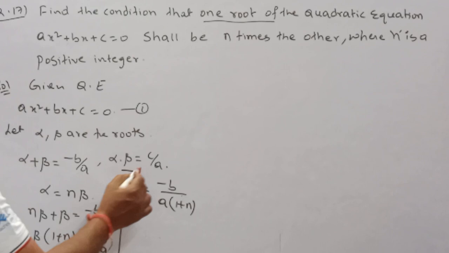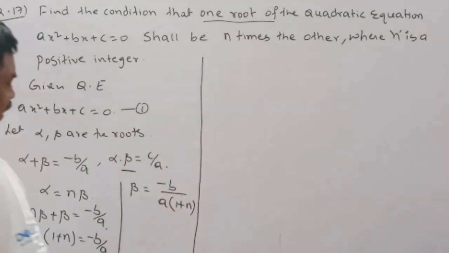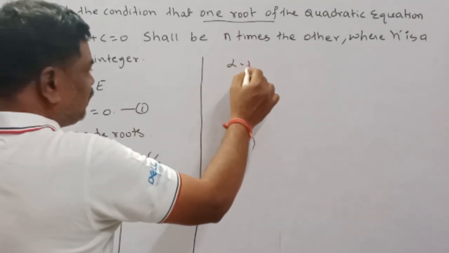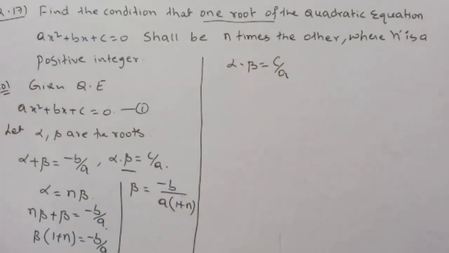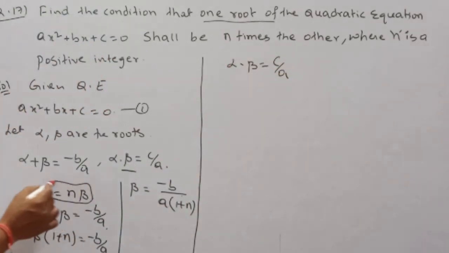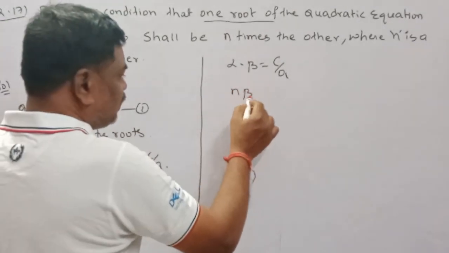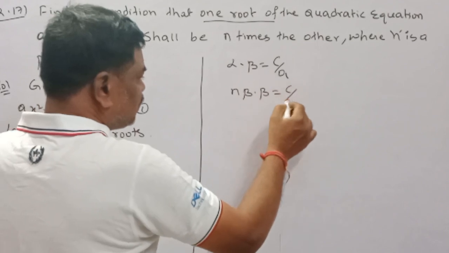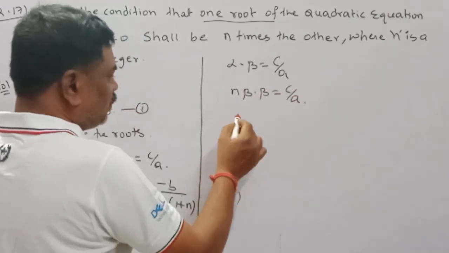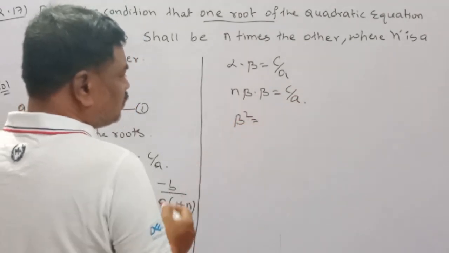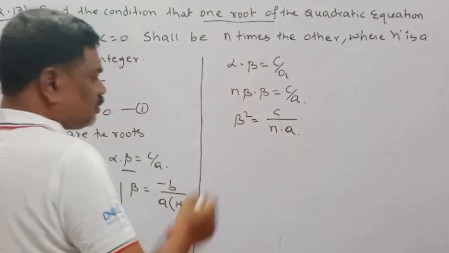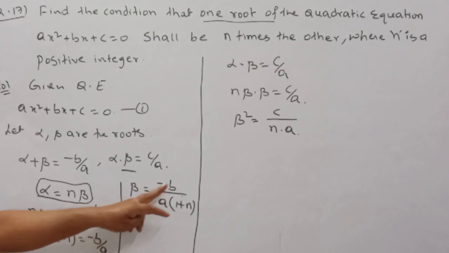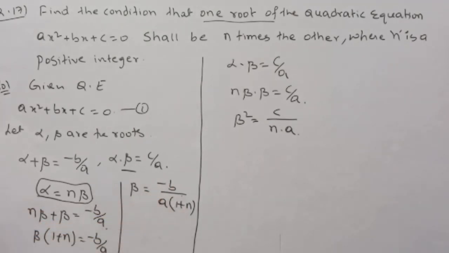And from these two, alpha into beta is equal to c by a. But alpha is equal to n beta, the given condition. So n beta into beta is equal to c by a. Beta square is equal to c by n into a. But beta is minus b by a of 1 plus n.